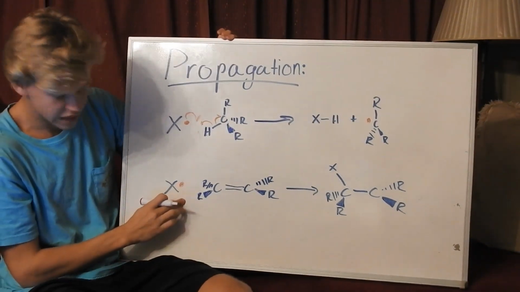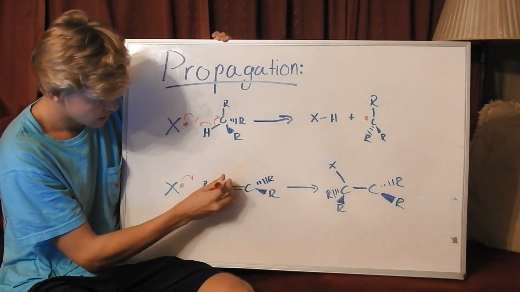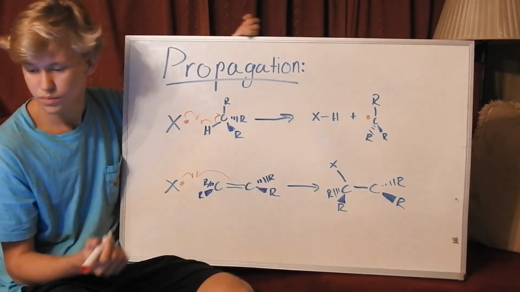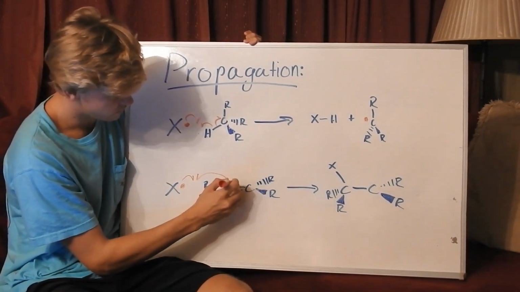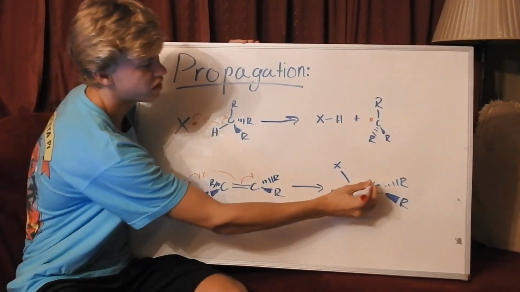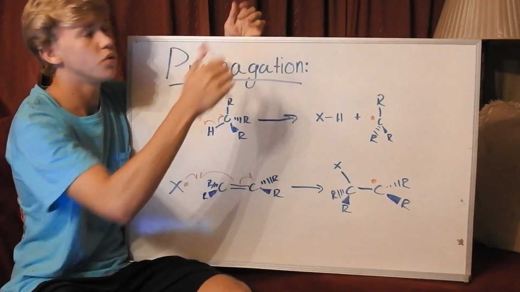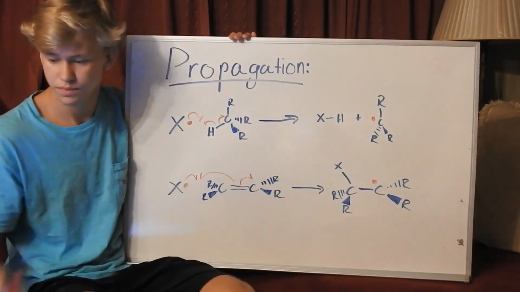Furthermore, in this step right here, we have our radical and then coming off the double bond, as mentioned before, and then finally this one going onto the carbon, and we're left with the radical on this carbon. And this goes on until the next phase.